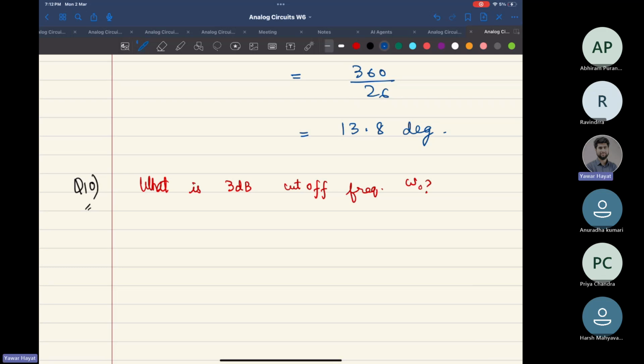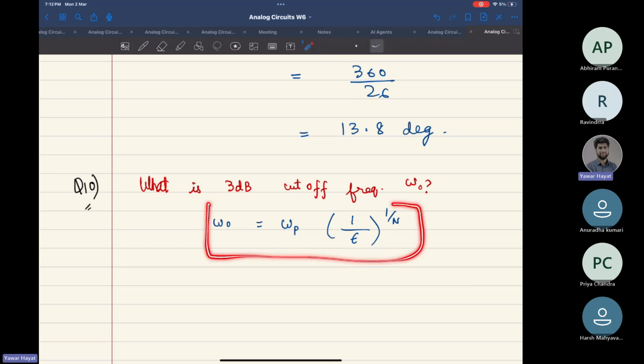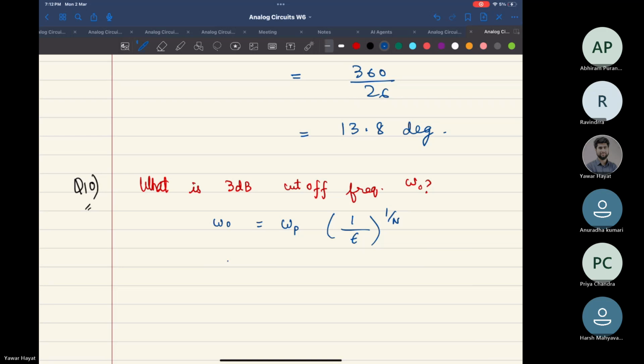How much is omega naught? Your omega naught would be omega p times 1 by epsilon, raised to the power 1 by n, right? I'm pretty sure this would have been taught in the lectures. This is how you compute the 3 dB cutoff frequency. This is omega p, right?